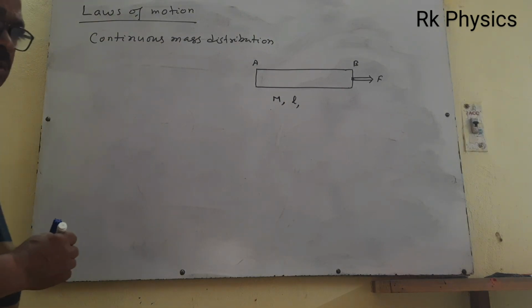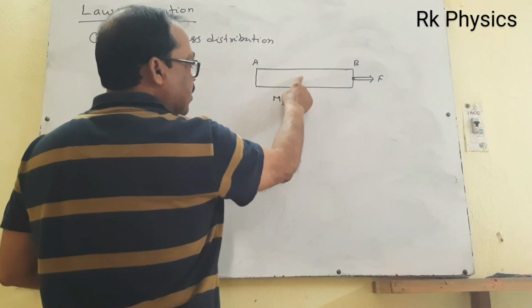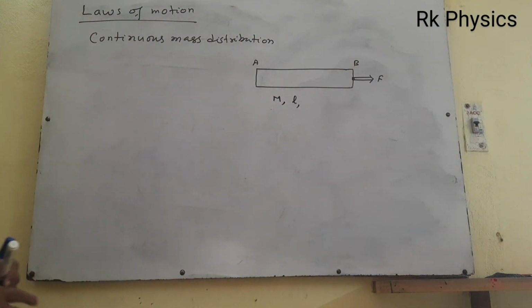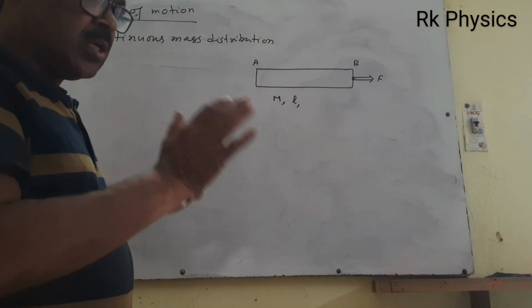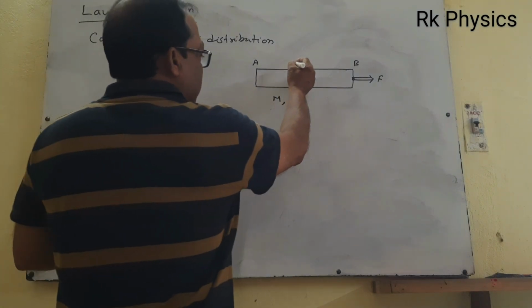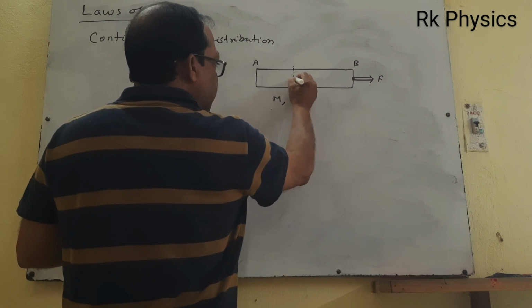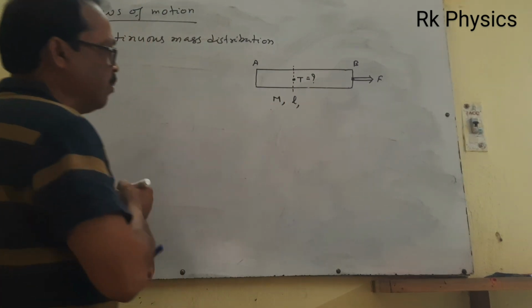Your aim is to calculate the tension anywhere within this rod. Anywhere you can calculate the tension within 40 seconds. So we will derive an artificial formula. Suppose your aim is to calculate the tension somewhere here.